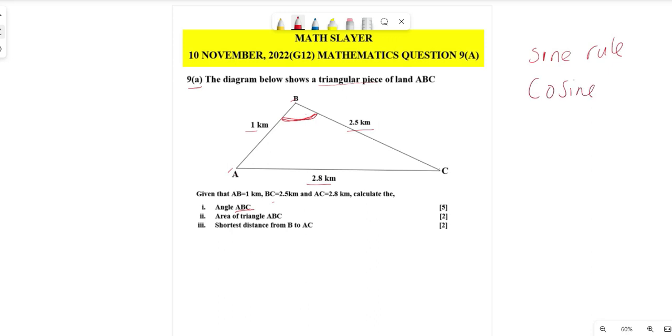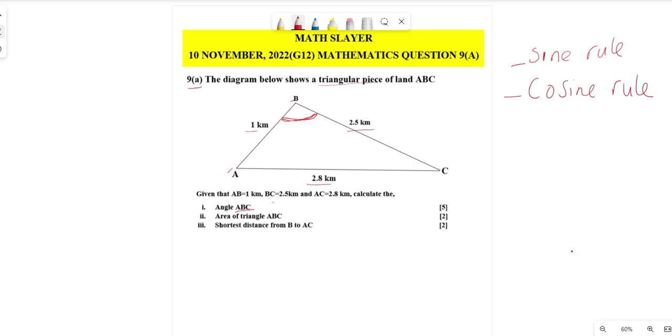So the first thing we need to ask ourselves before we go to the calculation is which rule is going to apply here. Is it sine rule or cosine rule?